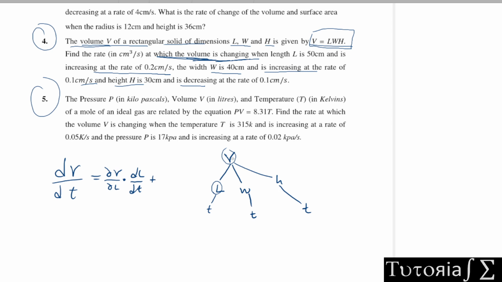Plus V with respect to W, that will be a partial derivative because we have three variables here.